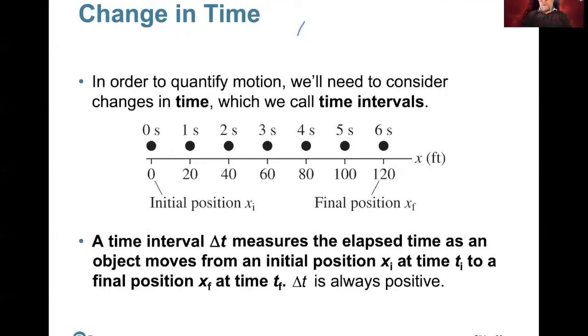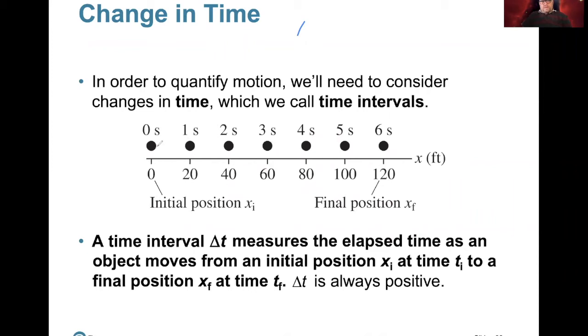In order to quantify the motion and to get to something that we'll call velocity, we need to consider changes in time and position. So if we look on the figure here, if our position is at, say, 0 right there, then we move over here to 20, then to 40, and to 60.